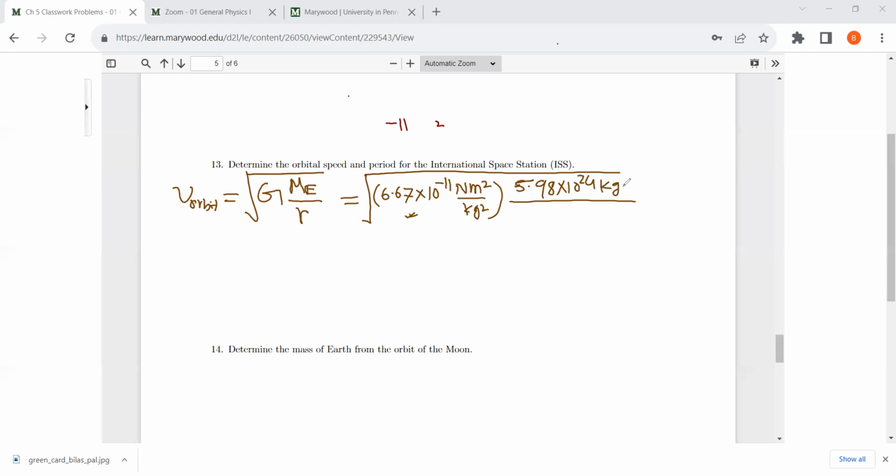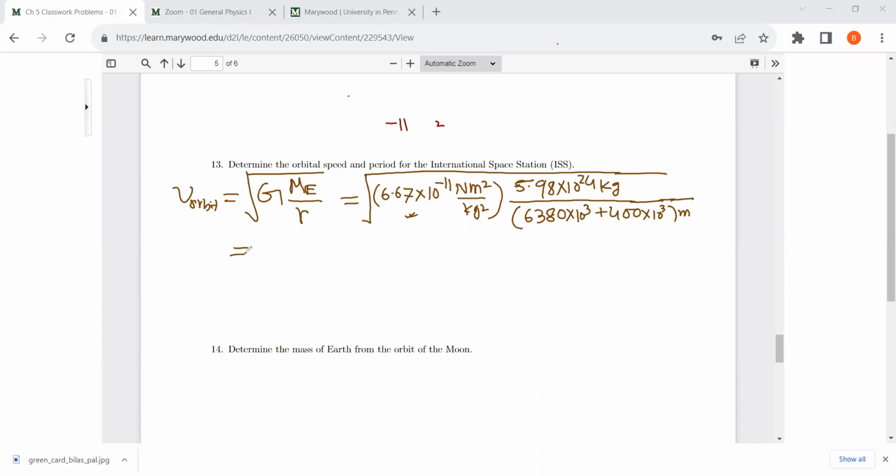That is also a known value, and here you have to be careful: 6380 kilometer plus 400 kilometer is the distance r. But again, similar to problem 11, we have to convert this into meters. So now it is a correct number. If you plug in all these values and take the square root, you should get the speed.